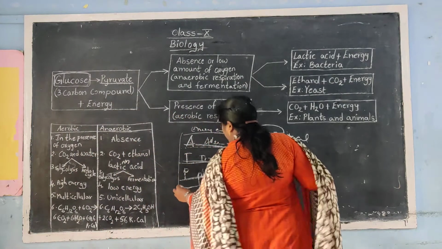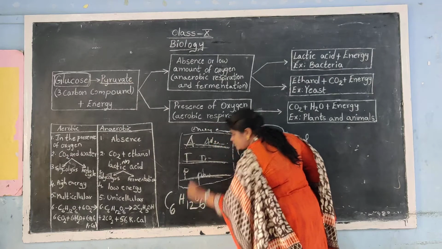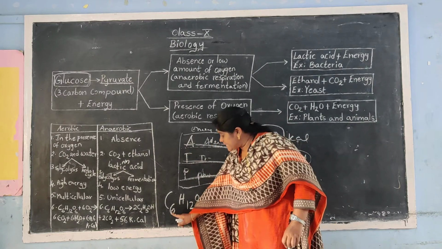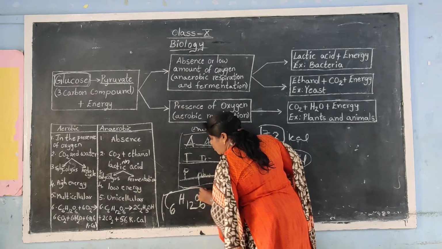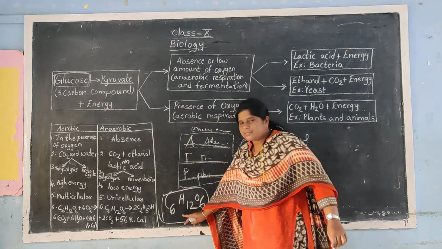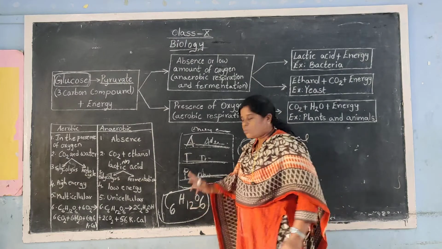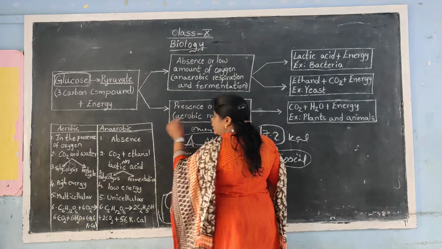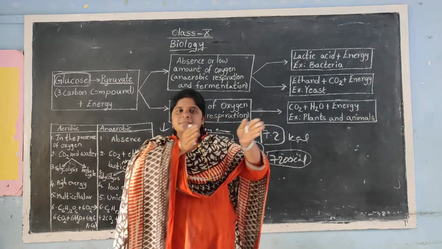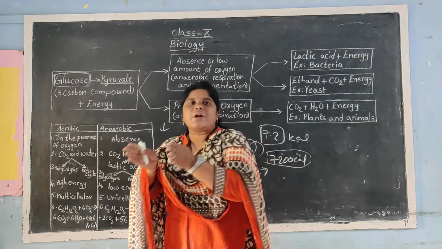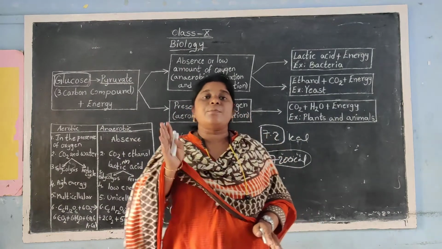Now, you all know, symbolically, we can write glucose as C6H12O6. Now, this C6 will be broken down. In photosynthesis you have studied, photo means light, synthesis means production.